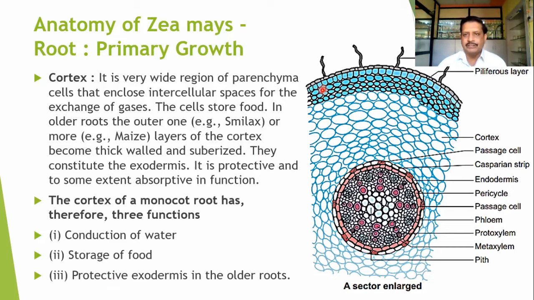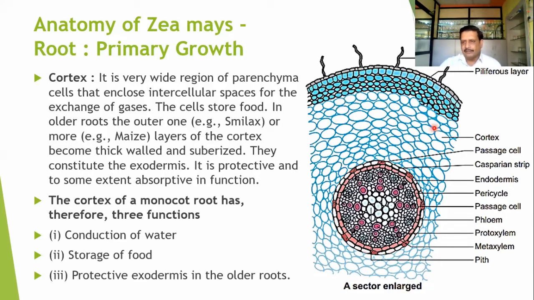So exodermis is typically found in older roots, where you can find the protective function, because roots are underground tissues, and there you can find many types of soil particles, stones may be there. So there is a need of protection for the root parts, and the exodermis helps in the protection.